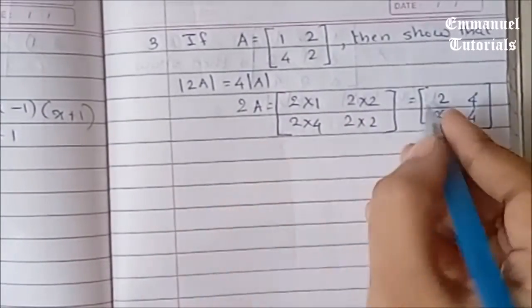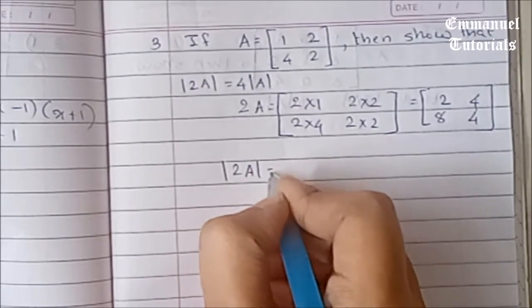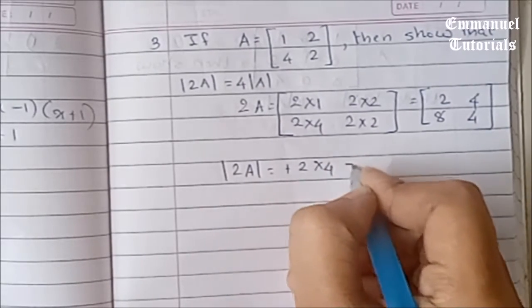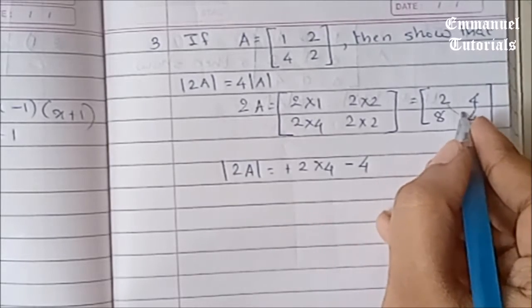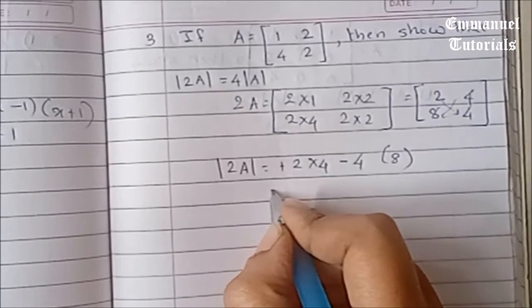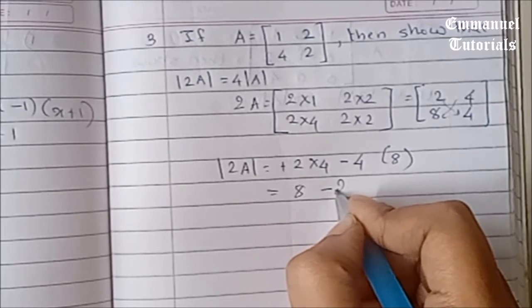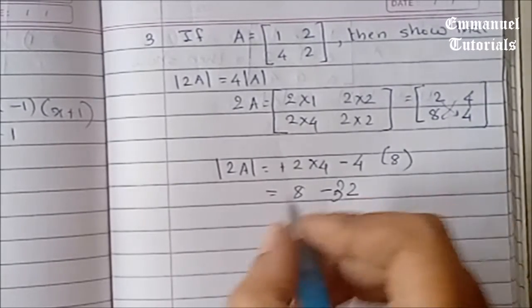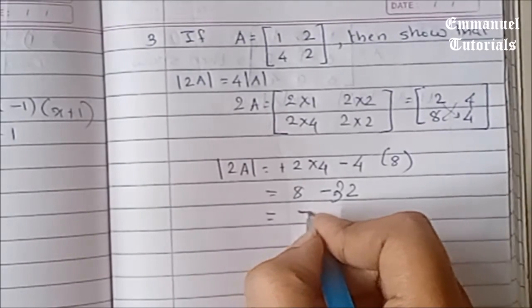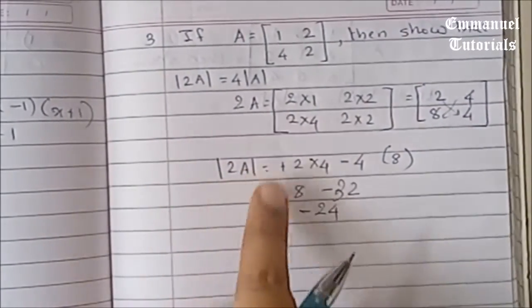So that is going to be plus 2 into 4 minus 4 into 8. So this is going to become 2 into 4 is 8, minus 4 into 8 is 32. So 8 minus 32 is minus 24.